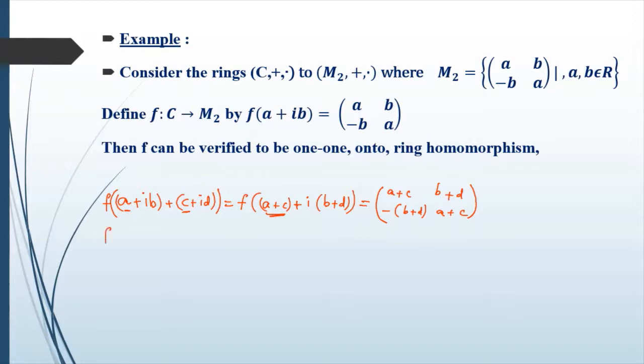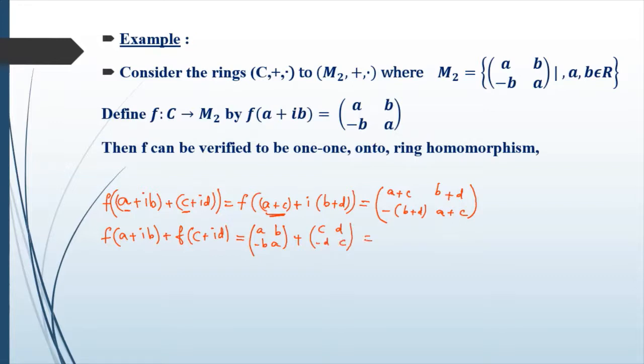Now you find the images separately for each of these two complex numbers. So f of a plus ib plus f of c plus id will be, first for this, the matrix with a in the leading diagonal and b in the opposite diagonal, plus, for this c plus id, f maps to [c d; minus d c].